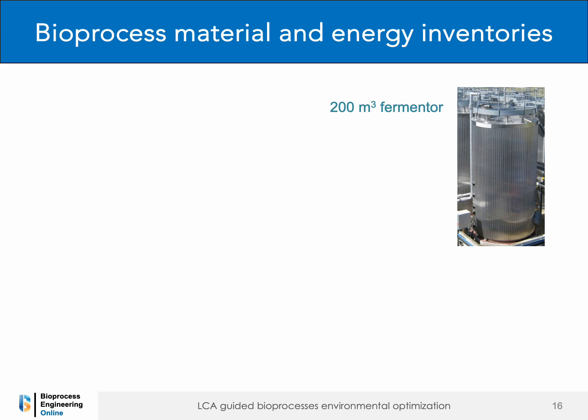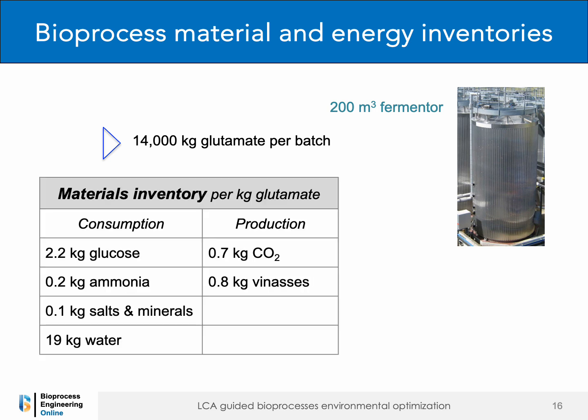The material and energy inventories of the glutamate bioprocess are established based on a production plant equipped with a 200 cubic meter fermenter. Under non-optimized conditions, each batch typically yields approximately 14,000 kilograms of glutamate. For every kilogram of glutamate produced, the process requires 2.2 kilograms of glucose, 0.2 kilograms of ammonia, 0.1 kilograms of salts and minerals, and 19 kilograms of water.